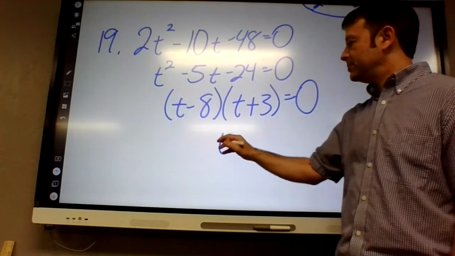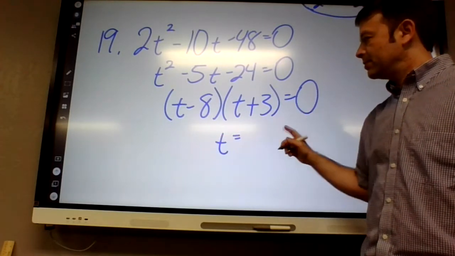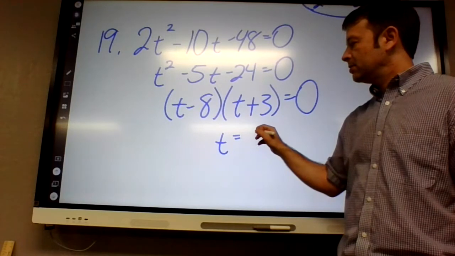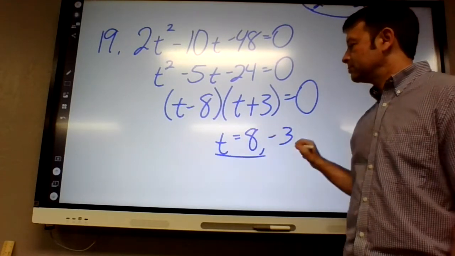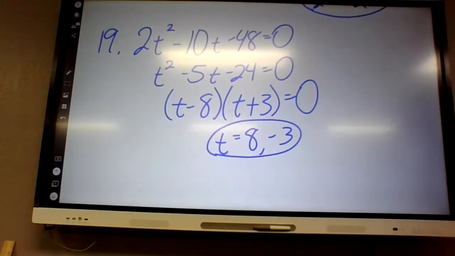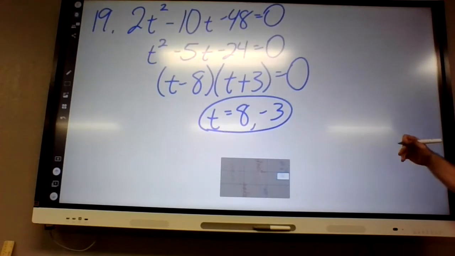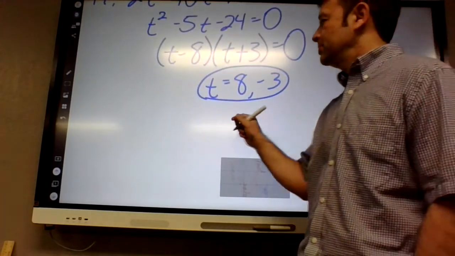So what t values would make these equal to 0? 8 and negative 3. Now, did I have to divide by 2? No. So we could have tried factoring it without dividing by 2, which would have been a little harder. Or we could have also done quadratic without dividing by 2, but it's a little bit harder. The quadratic wouldn't change that much.